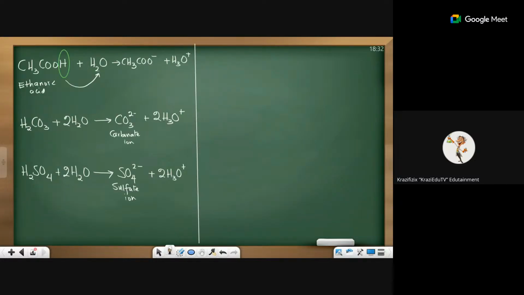All right, let's look at the base according to Arrhenius. A substance that produces hydroxide ions. Let's get used to the names and the formulas. Hydroxide ion is OH minus when dissolved in water.